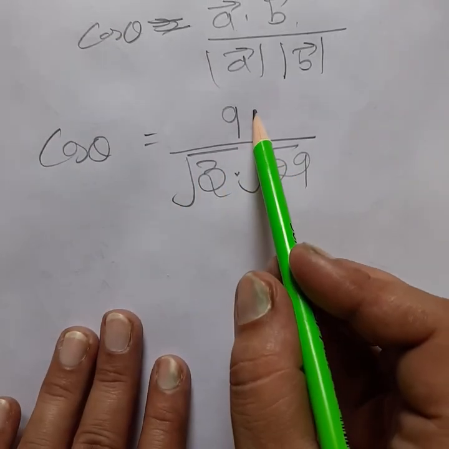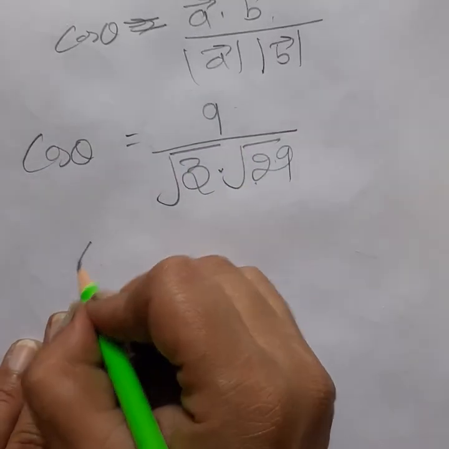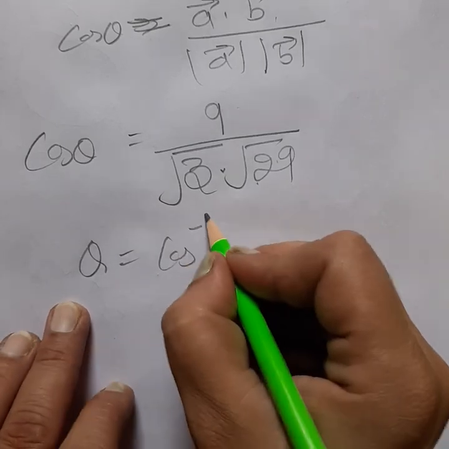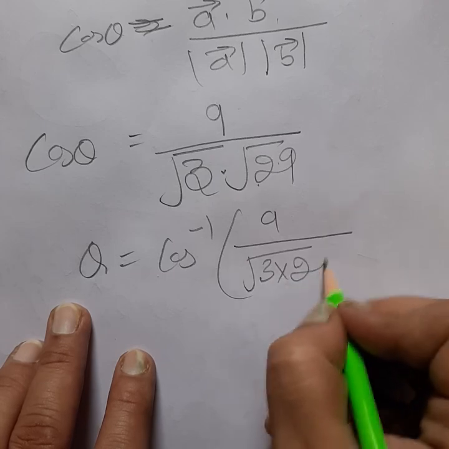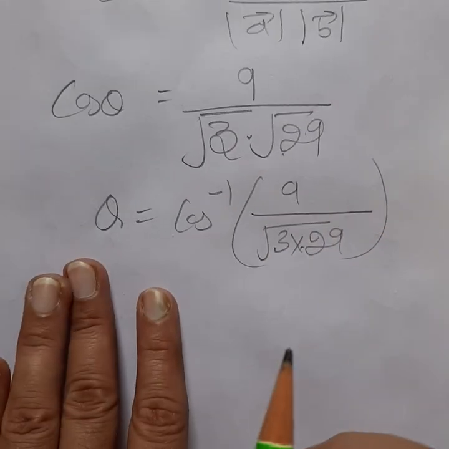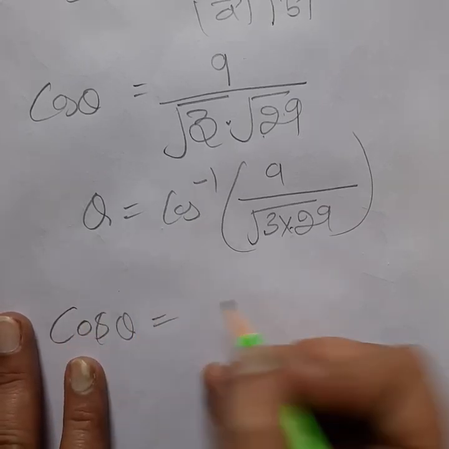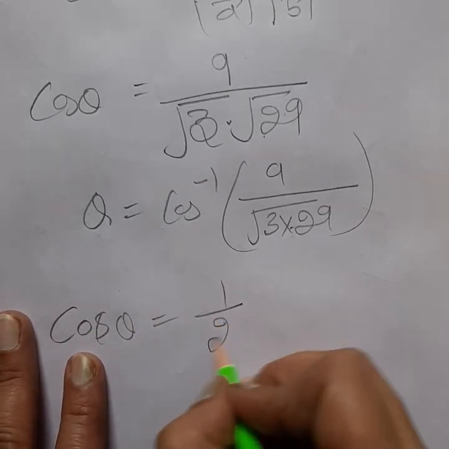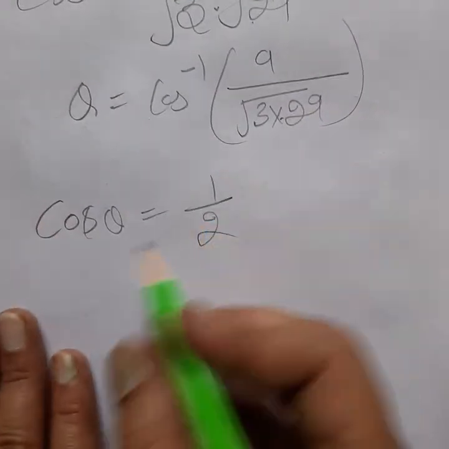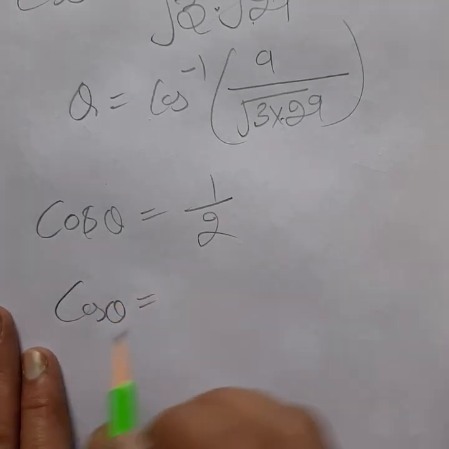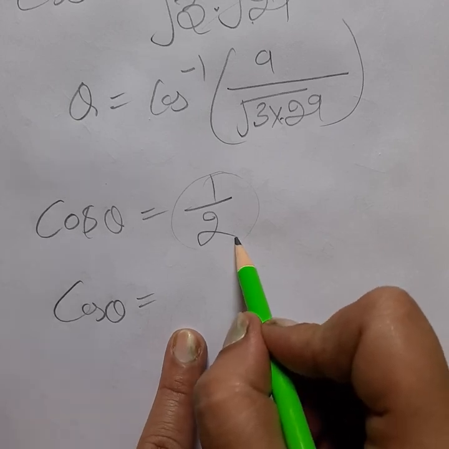Students, if the terms do not cancel, then you leave the question there, and you can write the angle as cos inverse of 9 upon square root of 3 times 29, and that is your final value. And if you have other numerical digits and you get your answer like 1 by 2 by cancelling these terms, suppose you get 1 by 2, then what is the angle whose cos is 1 by 2?